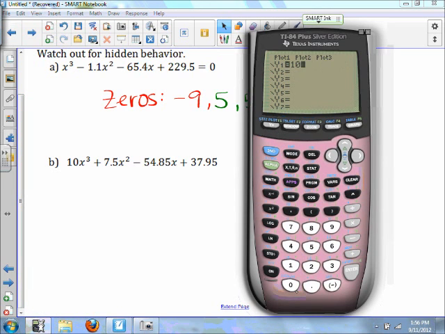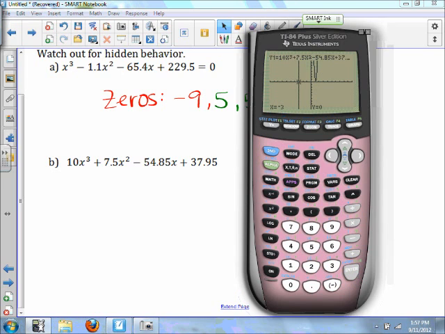Let's try the next one. Again, same type of thing. It looks like there's going to be a 0 at -3.